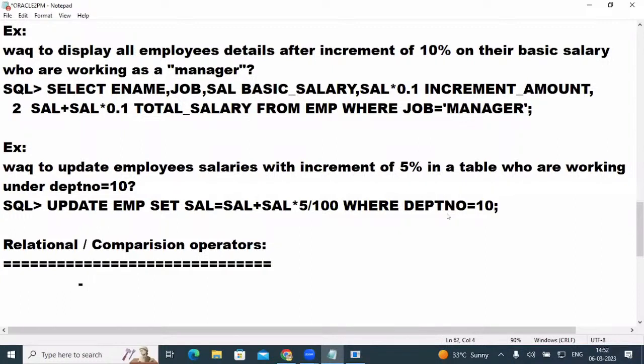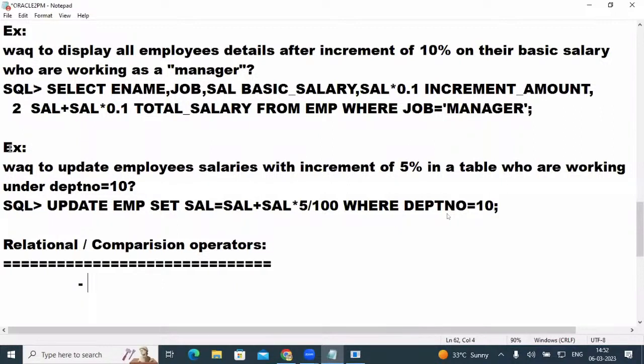Now tell me, why are you using less than, greater than? For what purpose is it required? For comparison purposes, whenever you want to compare which is the biggest value or the smallest value. When you want to do this kind of comparison, you compulsorily use relational operators.